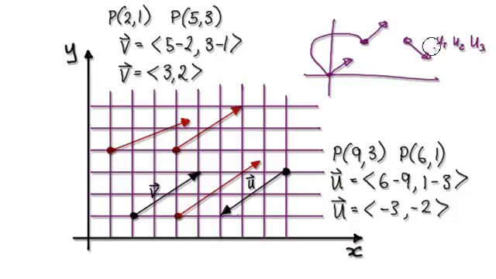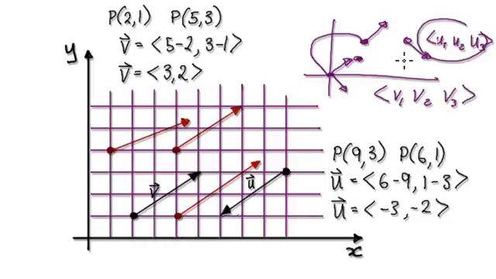In 3D, move this so it starts at the origin, and then look at the three components. For this one, it would be v1, v2, v3, and then move this so that it starts at the origin.